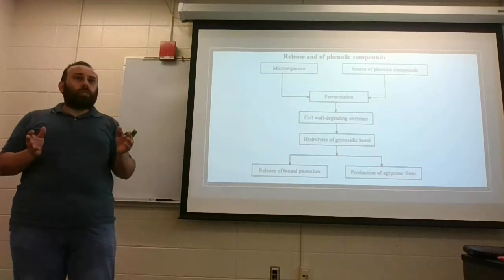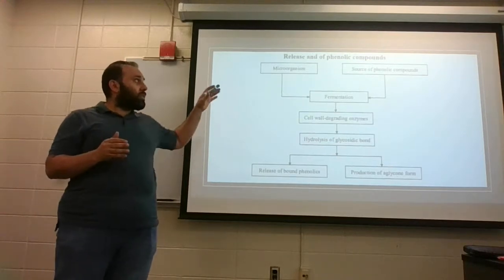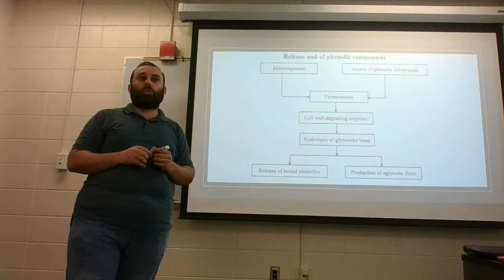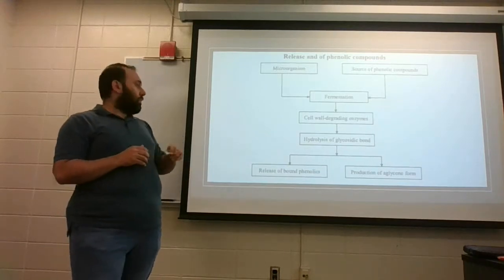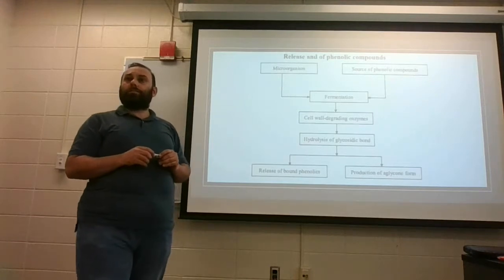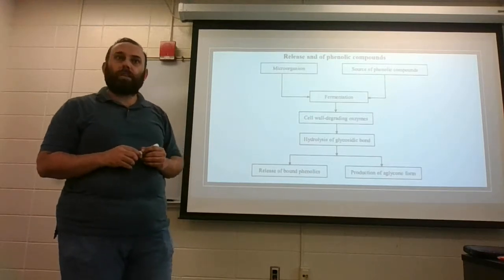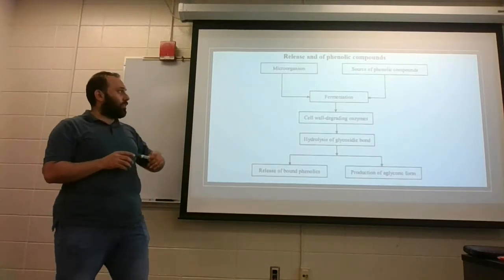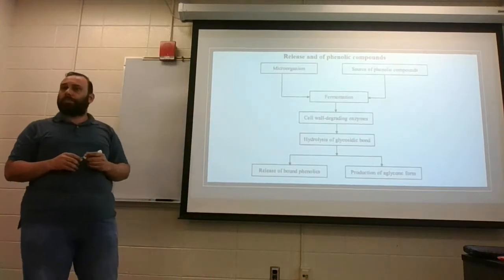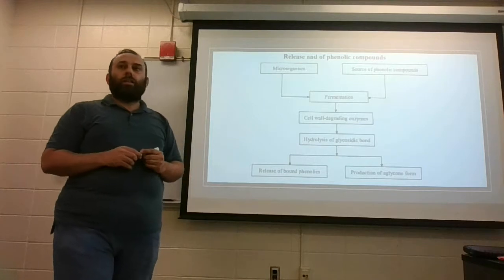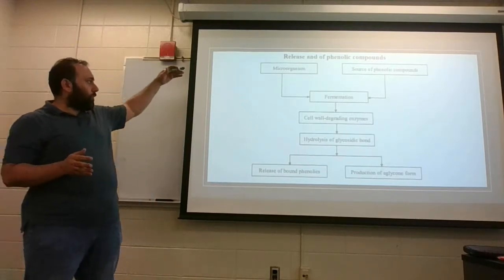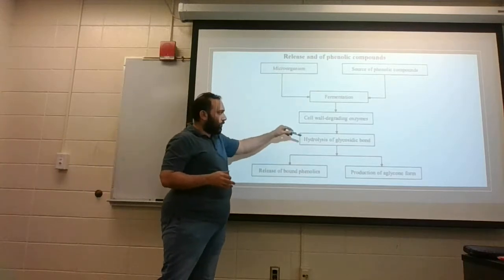Can you tell me how many processes in this flowchart we go through to get the phenolic compounds from the material? Each line is considered a step. 1, 2, 3, 4, 5.